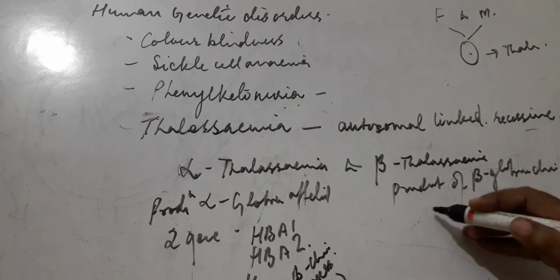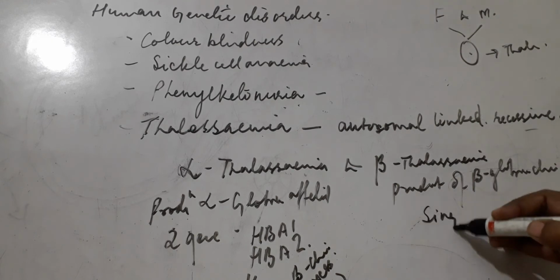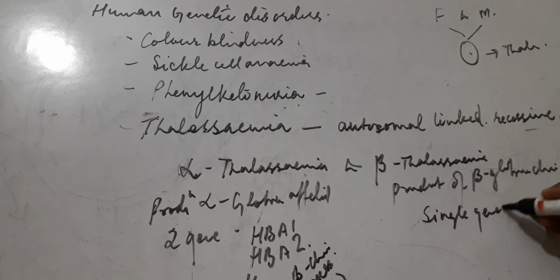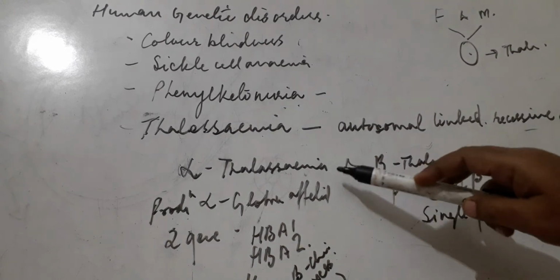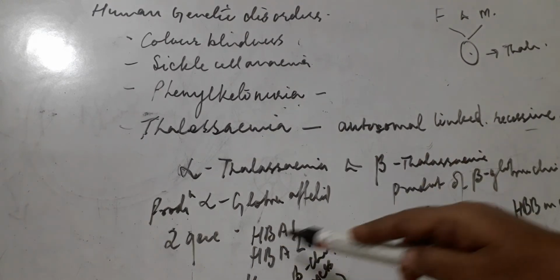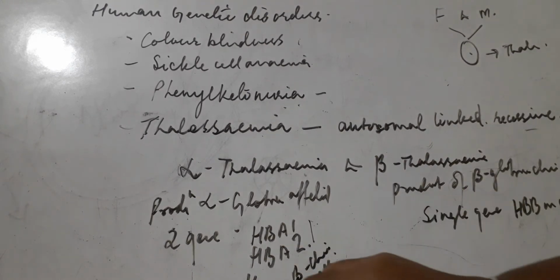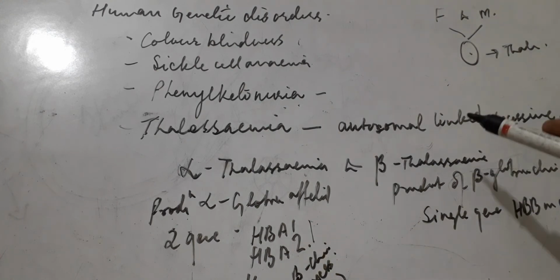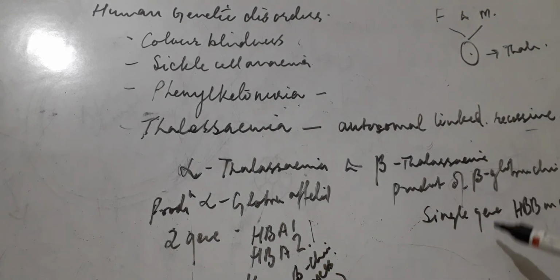Beta thalassemia is controlled by a single gene, HBB, on chromosome 11. So remember it: alpha thalassemia is controlled by two genes present on chromosome 16, and beta thalassemia is controlled by a single gene HBB on chromosome 11.